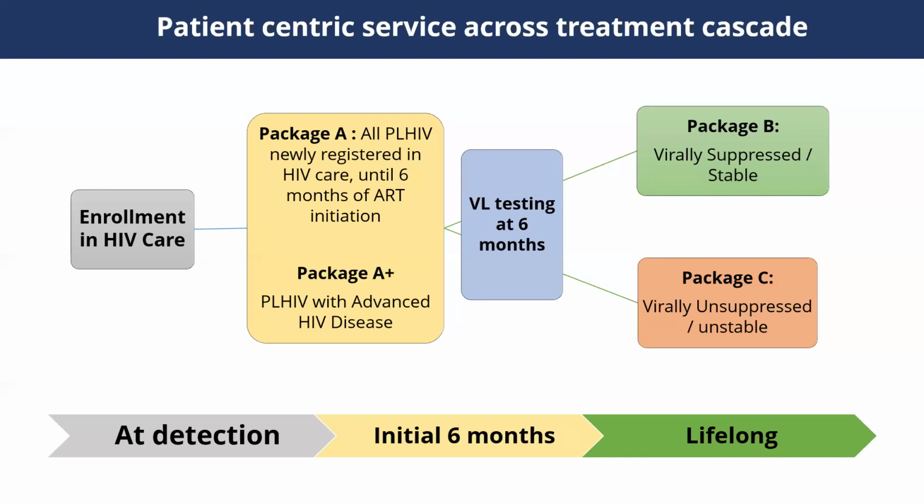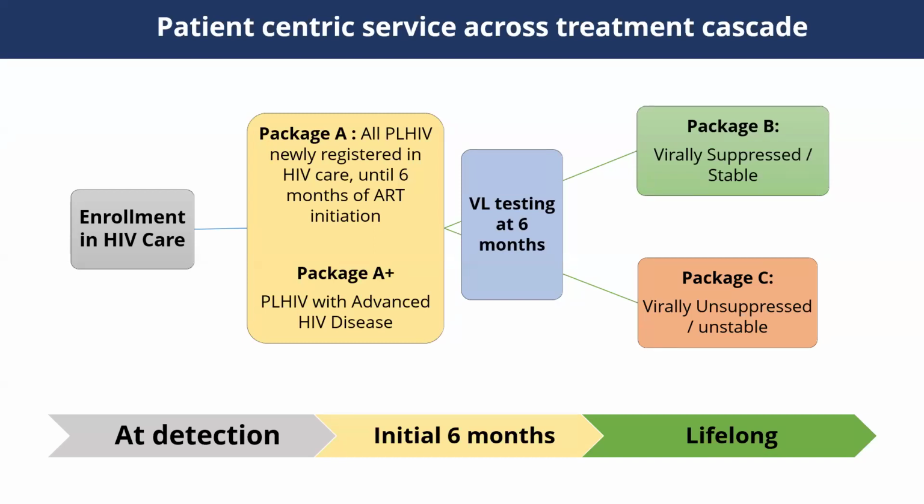They try to triage which patient belongs to which package of care. Now, the first 6 months after the patient gets registered is a critical time. This is package A, we call it. All newly registered patients, until they get their first viral load, are part of package A. And if somebody has a CD4 count less than 200, he needs to be put under an advanced disease management package of care. So they are A plus.